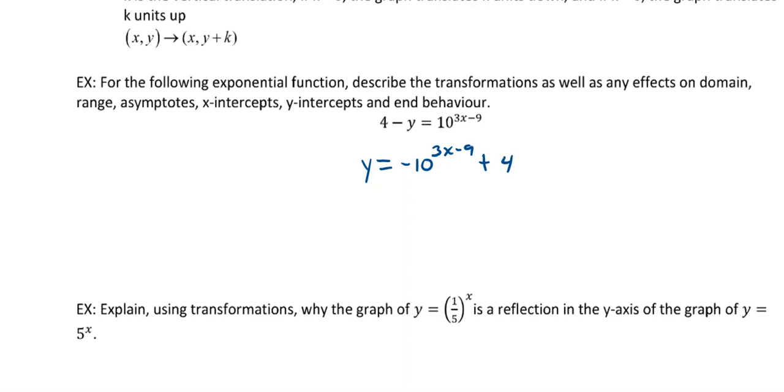All right, so let's write this out. So we have a vertical reflection in the x-axis. Why do we have a vertical reflection? Yeah, it's a negative a value, right? So vertical reflection. We have a vertical translation of 4 up.